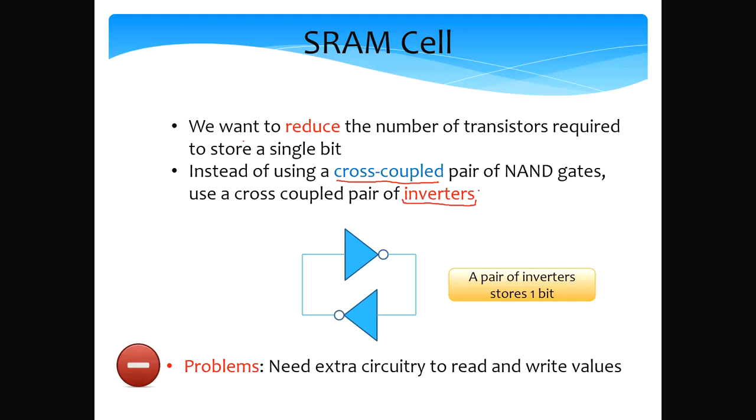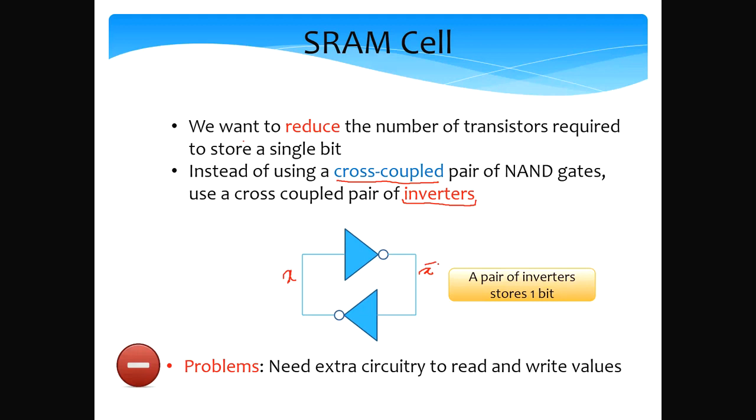This is an example of a cross-coupled pair of inverters, where the output of one inverter is connected to the input of the other, and similarly the output of the lower inverter is connected to the input of the upper inverter. Let's say value X is stored here, then the complement of X is stored on the other side. So this structure by itself is potent enough to store the value of one bit.